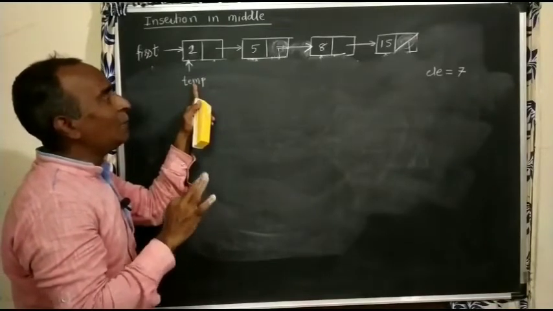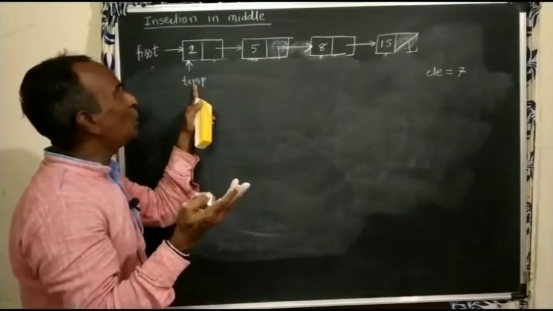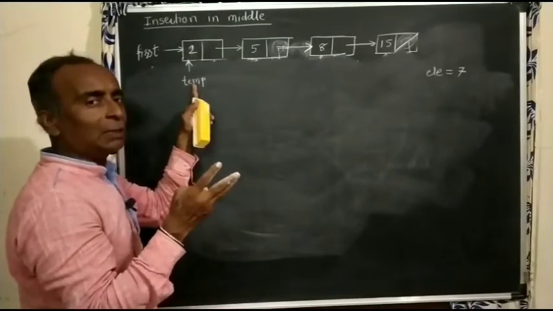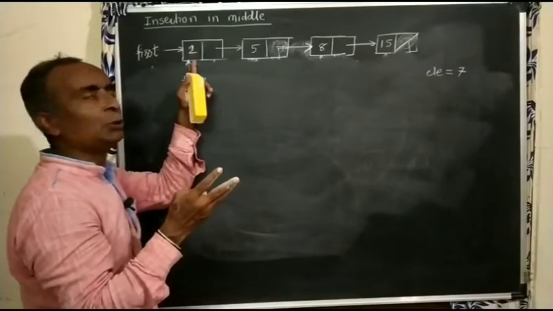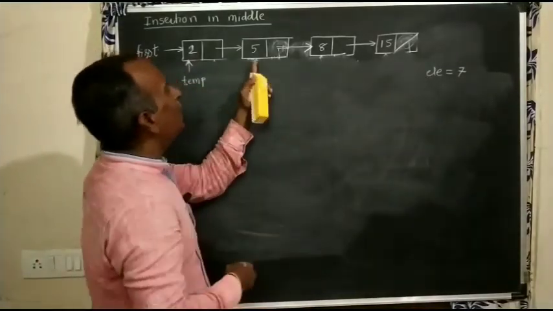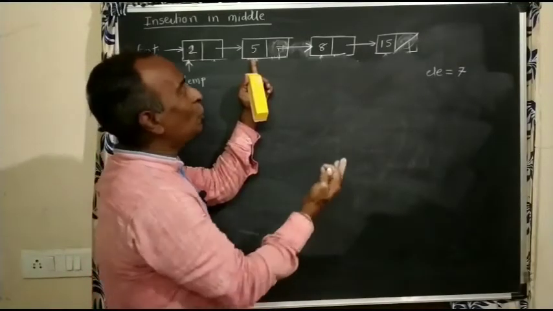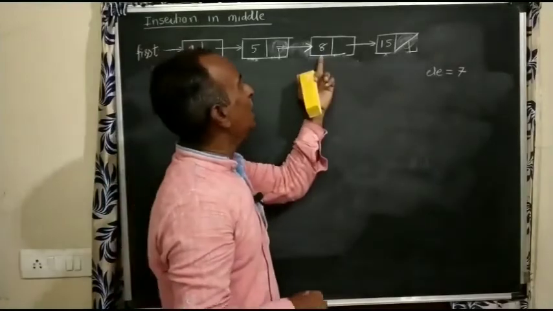If suppose I want to insert 3, where should temp point? Temp is the predecessor node's address. This temp should point to this node only and it should stop. When I want to insert 7, temp should stop here, right? If I want to insert 10, suppose, temp should point here.